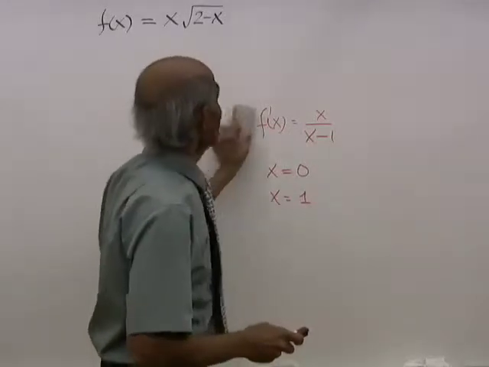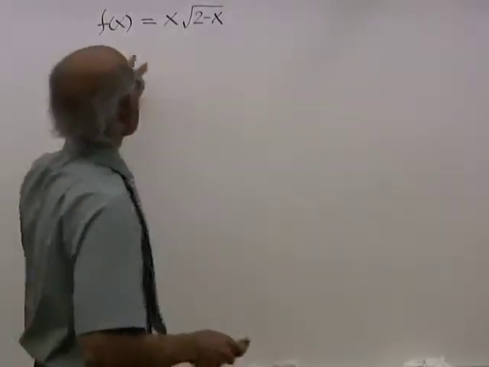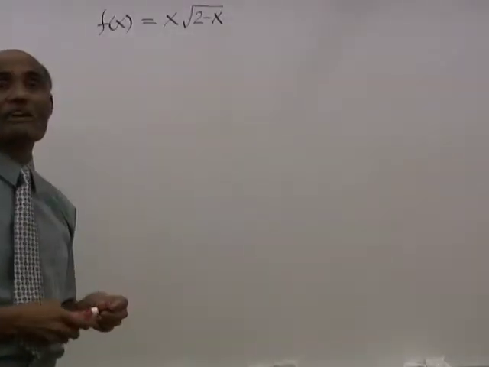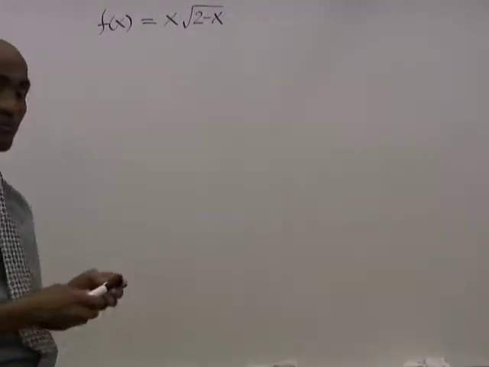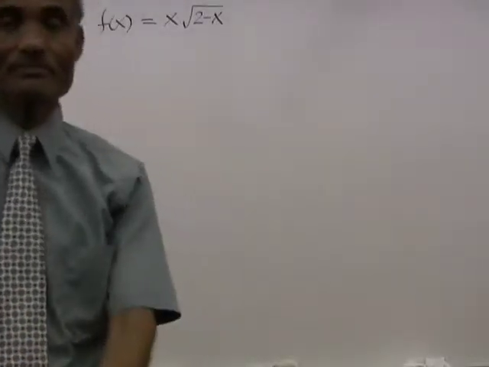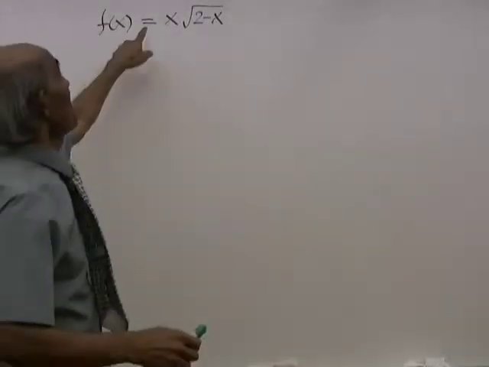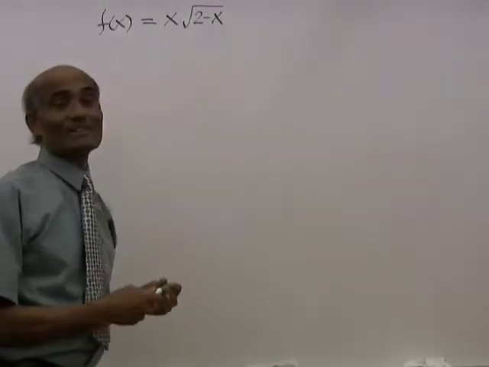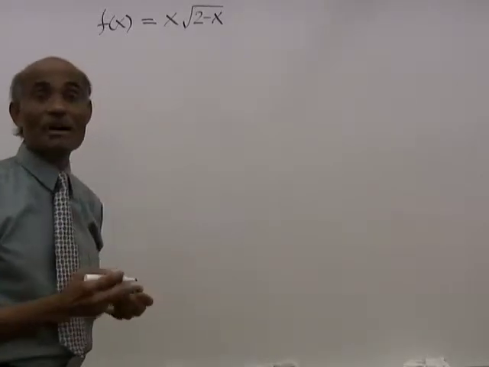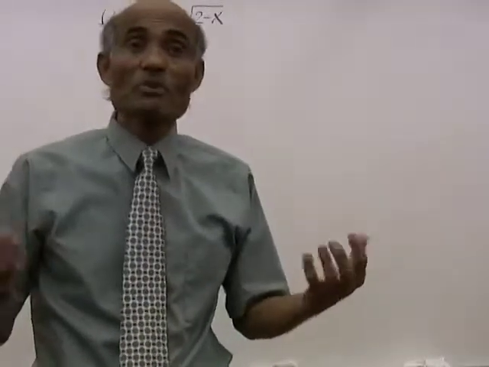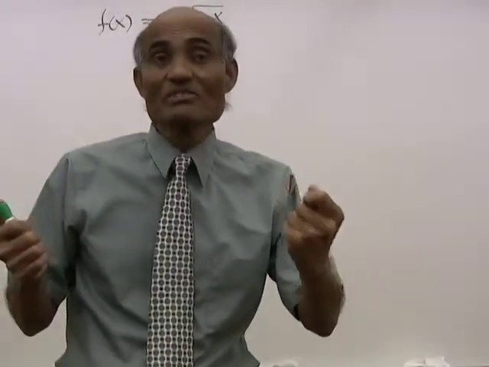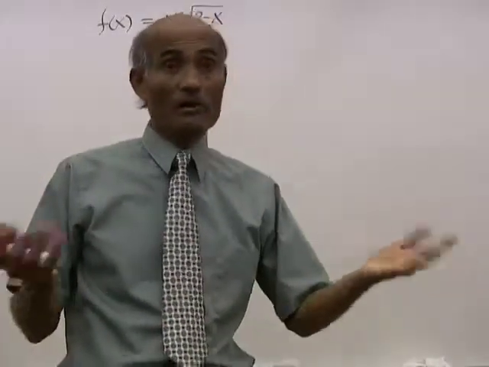Alright, let's now find the critical numbers of this function. F of x equal to x times square root of 2 minus x. Now here we have a product. So first we find the derivative of the function, because critical numbers occur where the derivative is either 0 or undefined.